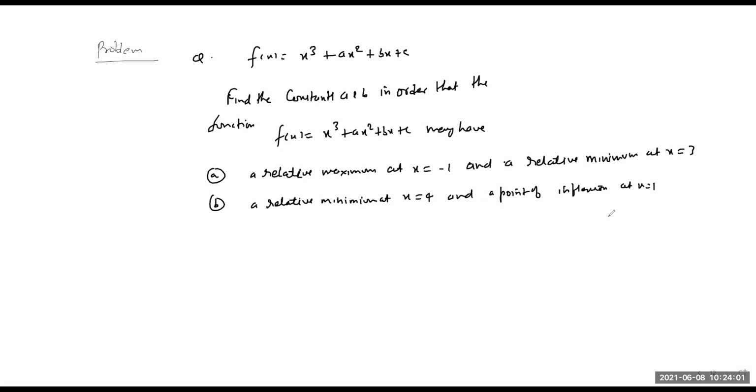Sir, I have calculated the derivative. Now for the first question, I have to put x value as 1, minus 1 in the derivative. No. First of all, the local maximum is at -1 and the local minimum is at 3. So if you differentiate and equate to 0, the root of the equation should be -1 and 3.